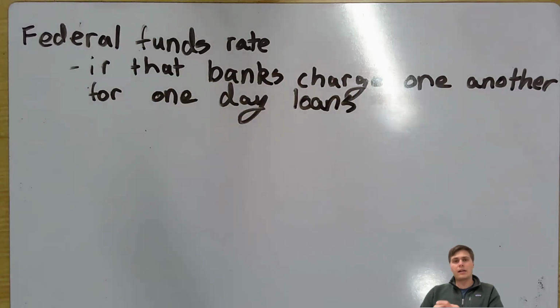And something that I want to make clear here is that the Federal Reserve can't tell banks what interest rates to use. They can only target these federal funds rates. As the Fed sets its target interest rate, they drop it a point or raise it a point.